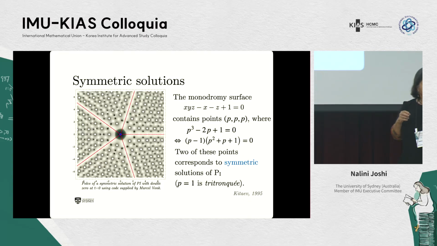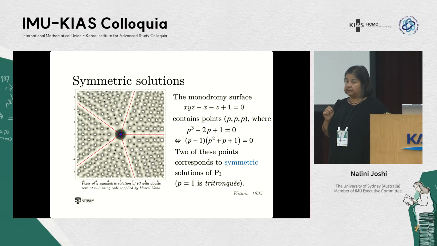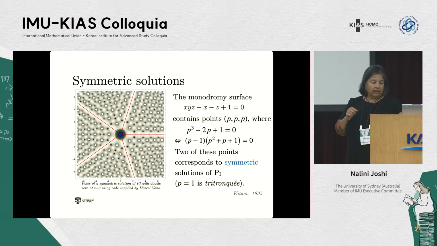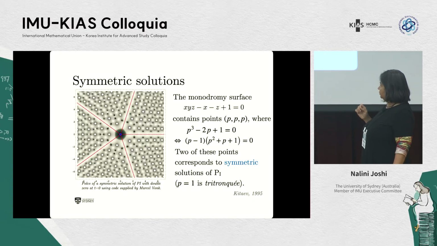Okay, so this is just a very simple, small insight into how monodromy surfaces are related to solutions, and we decided to look at whether such a thing could happen for difference Painlevé equations. And we had some small steps that I want to briefly mention to you.